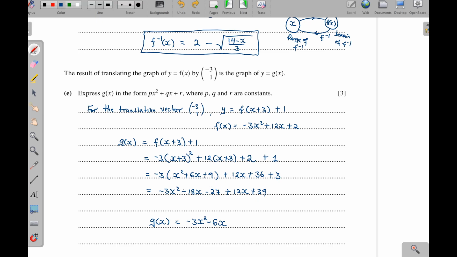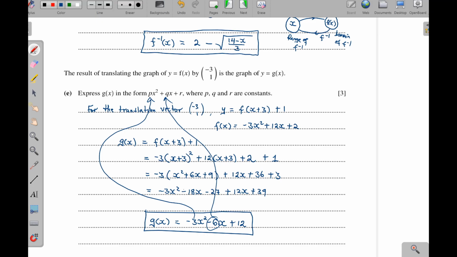Don't you have a 12 there? Yes, it's a +12. So that is going to be our answer. So meaning our P is -3, our Q is -6, and our R is +12, and that is that.